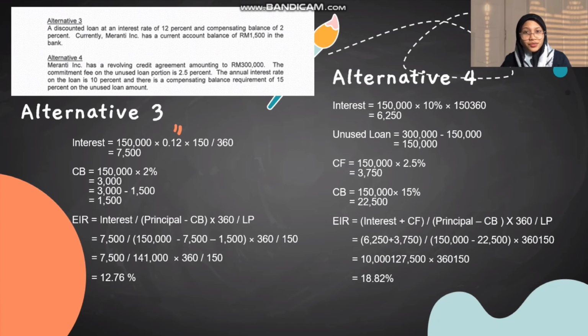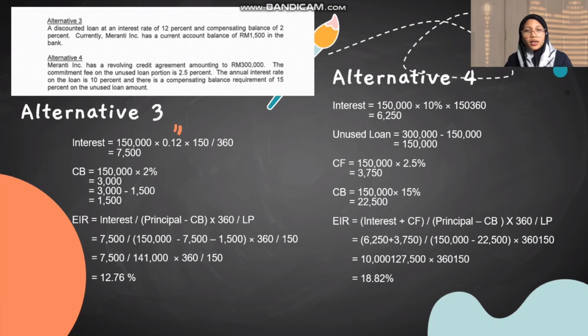So here is the calculation for alternative 3 and alternative 4. For alternative 3, we can see here is interest. I do 150,000 ringgit multiply with 12% and multiply with 150 days divided by 360 days, and I got 7,500. For the compensating balance, I do principal multiply with 2% and I got 3,000, and then I minus the current account balance, which is 1,500, and for the compensating balance I got 1,500.